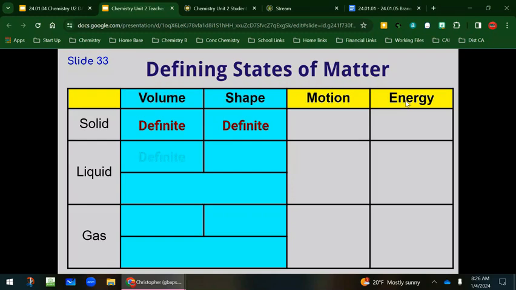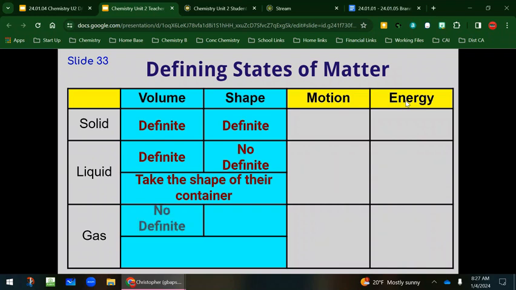Liquids have a definite volume, but no definite shape. Means they take up a certain amount of space, but liquids will do what? Fit their container. They will take the shape of their container. They will deform, they will move, but more importantly, they will take the shape of their container.